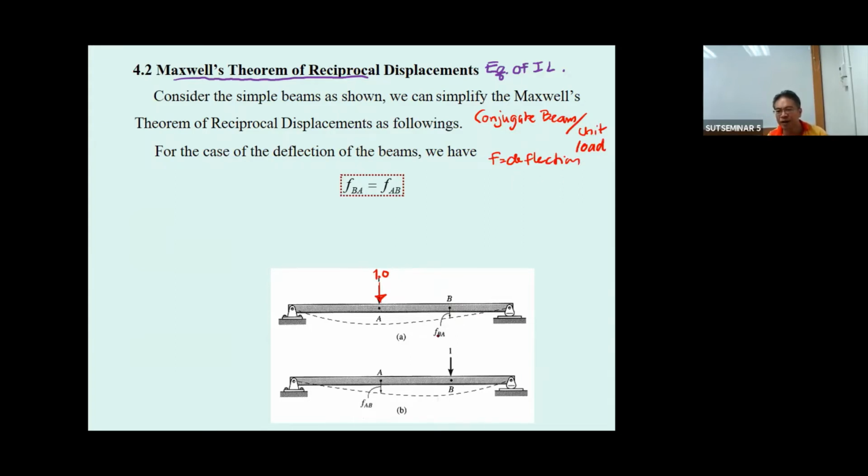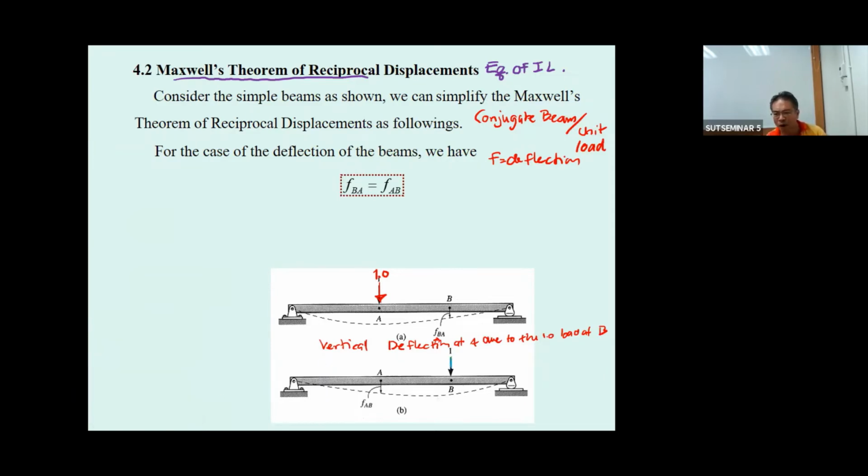This is going to be the deflection at point B due to the force at point A. And the vertical deflection at A is due to the 1.0 load at B. And then again, you just change things.